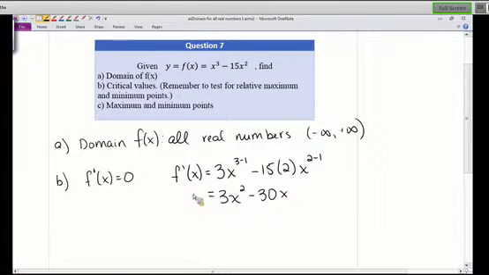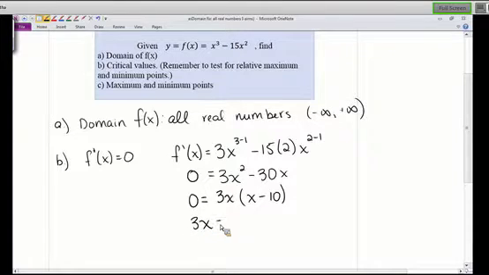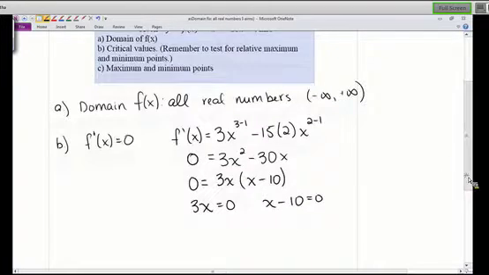Now what we're going to do is take the derivative and set it equal to 0, and we're going to solve for x. This will give us our critical values. So to solve this for x, let's take out the greatest common factor, which is 3x. And what we will have left over is x minus 10. Now when we factor, we can set each factor equal to 0 and solve for x to get our critical values.